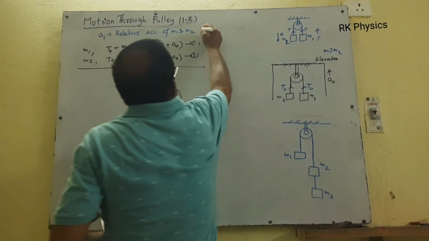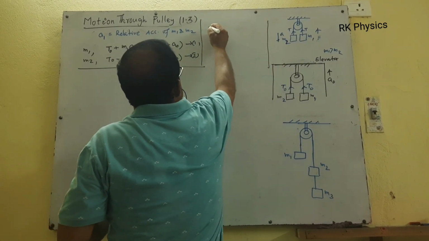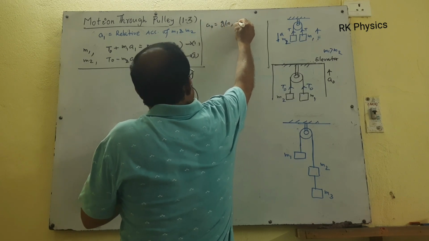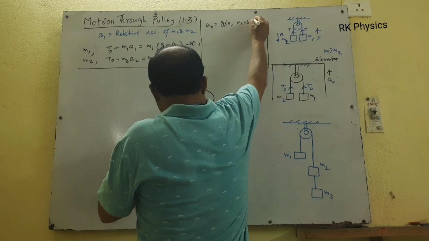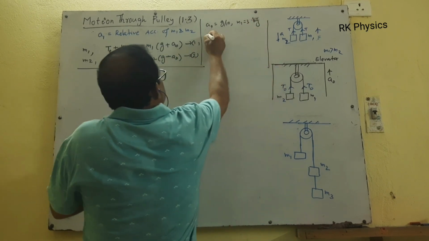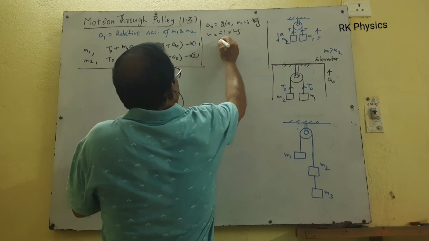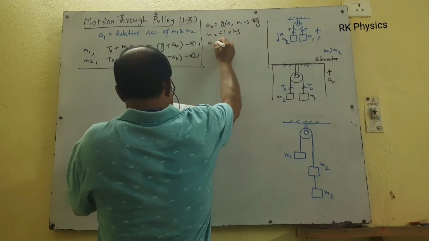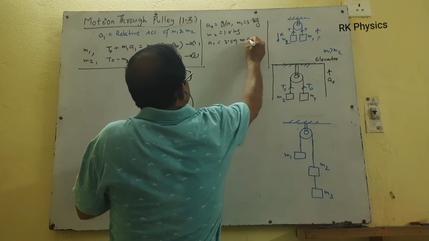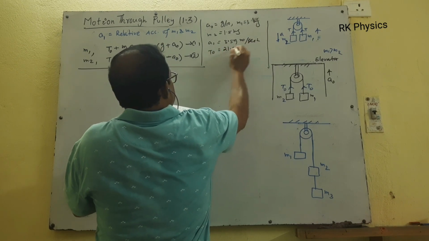Now, to check it, I am giving data. Put A0 equal to G by 10, M1 is 3 kg and M2 is 1.5 kg. Now you find A1, which is 3.59 meter per second square, and T0, which is 21.55.